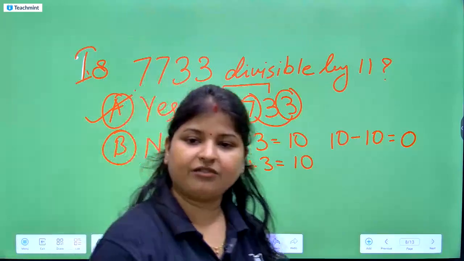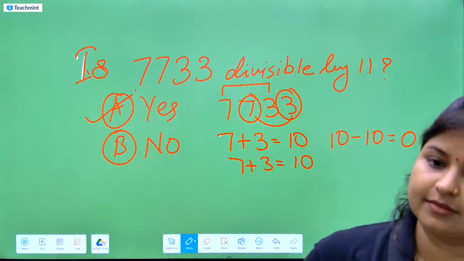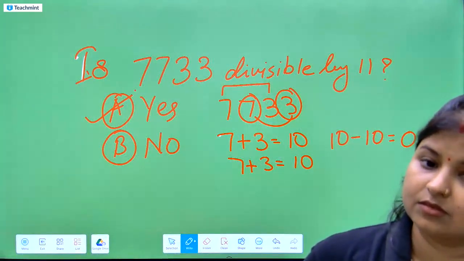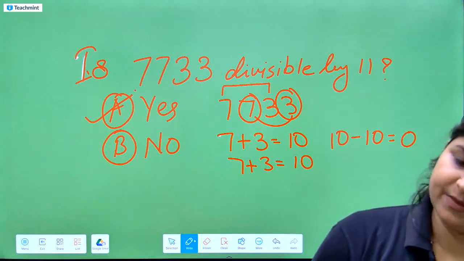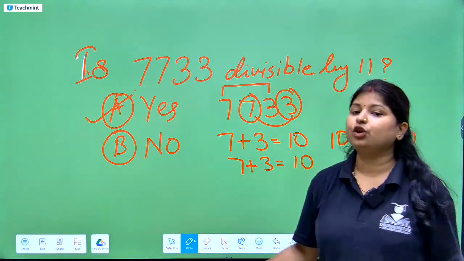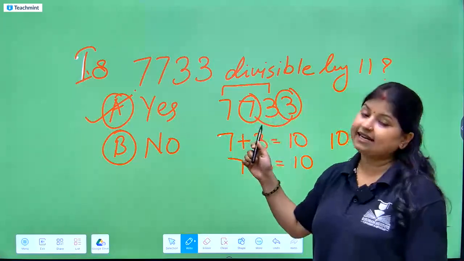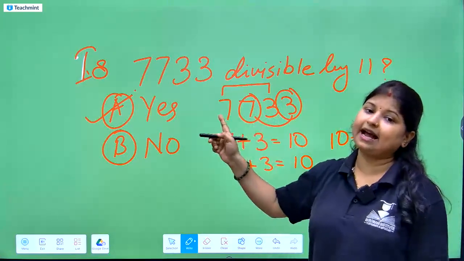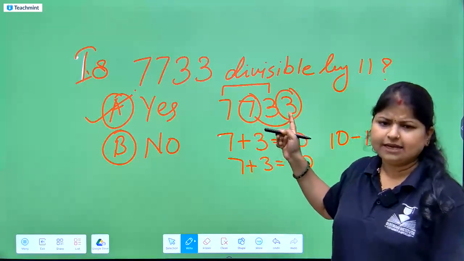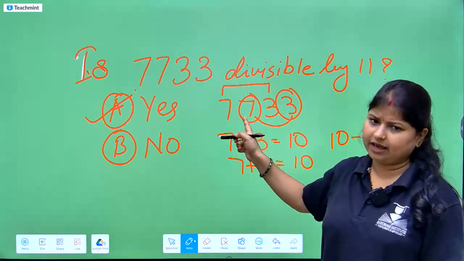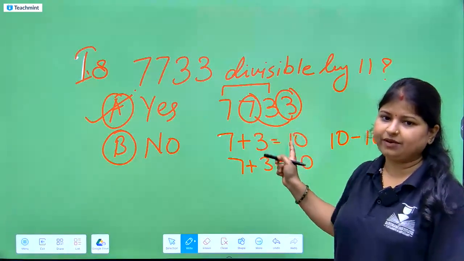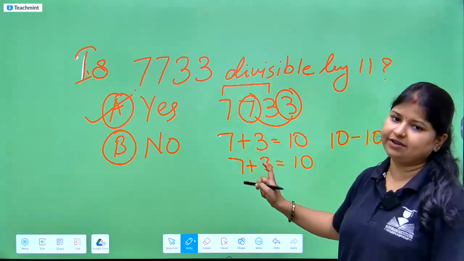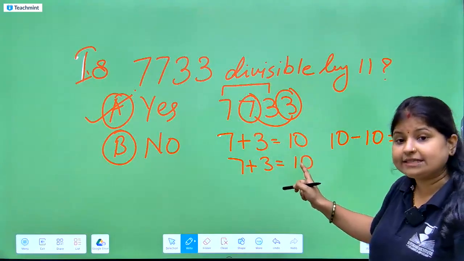Yes, Samhita, you have raised your hand, beta. Ma'am, can you repeat it one second? Yes, beta. What you have to do is add the digits at even places and the digits at odd places. That means take a digit, leave one, and then take a digit. So 7 plus 3, 10. The left number is also 7 plus 3, 10. Now you will subtract these.